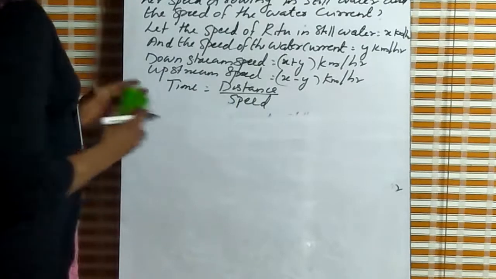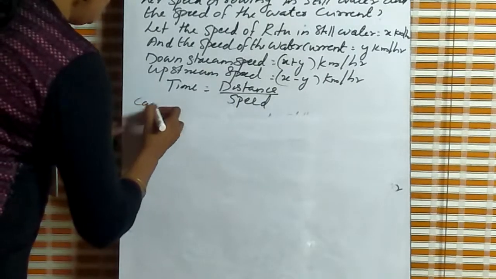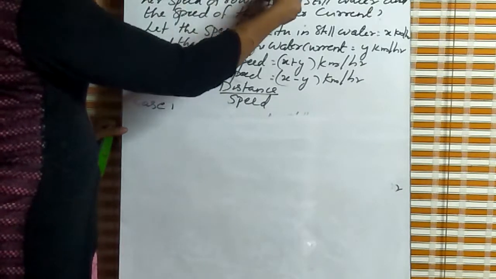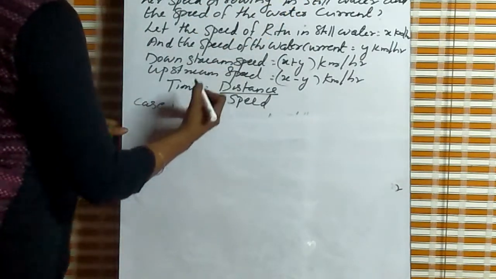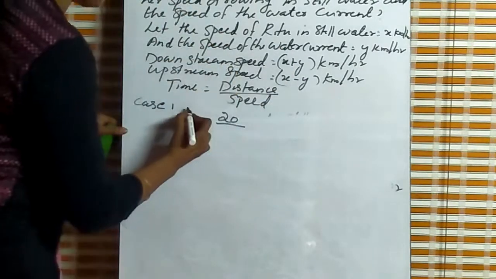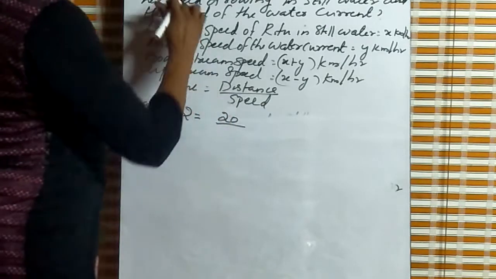Then case 1. What is case 1? Ritu can row downstream 20 kilometer. 20 kilometer is distance, in 2 hours. Time is 2 hours.